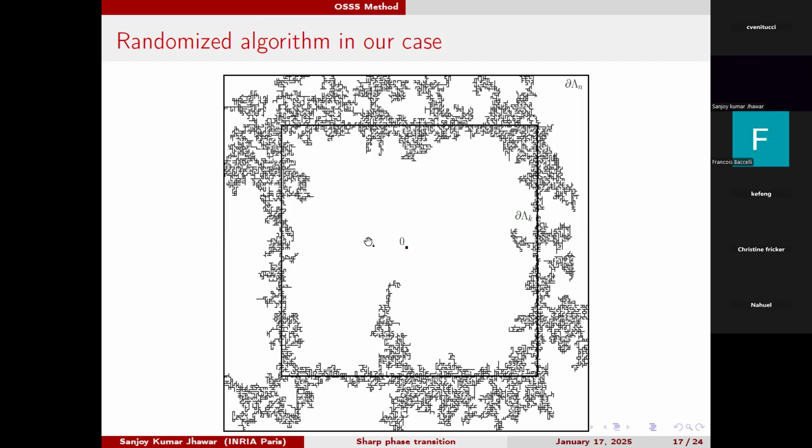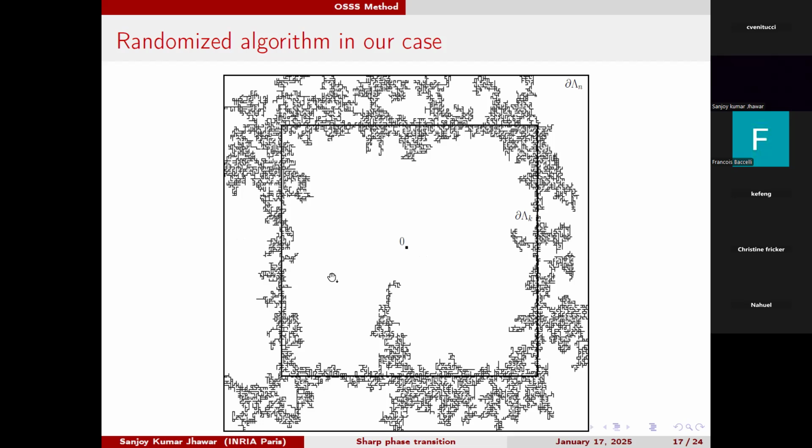So in this process, you explore all the connected components of each of these boundaries, and all of this will give you the path from origin to the boundary if it exists.